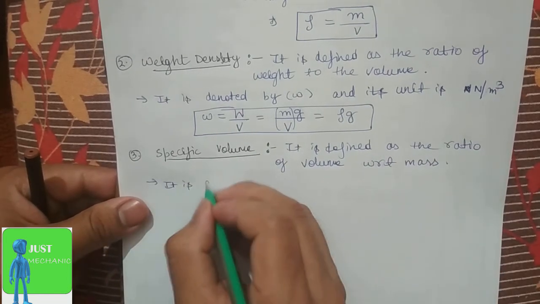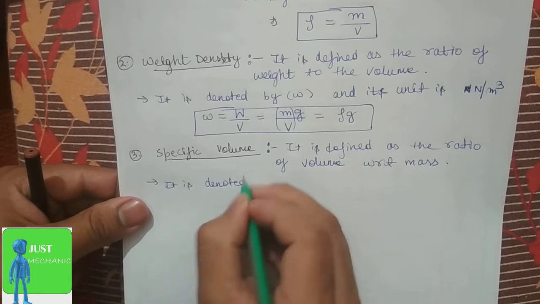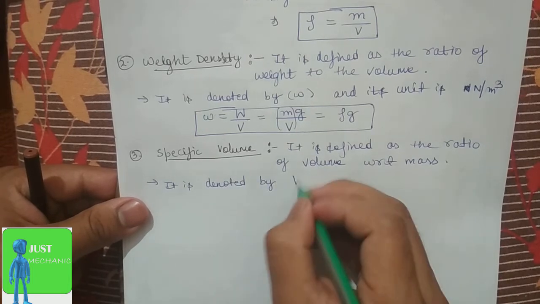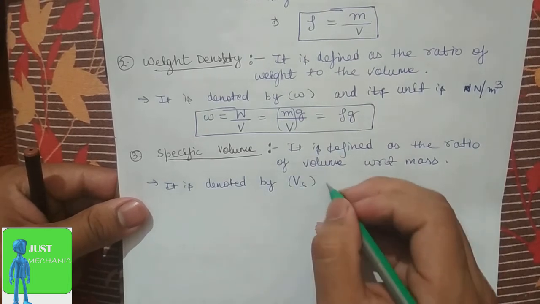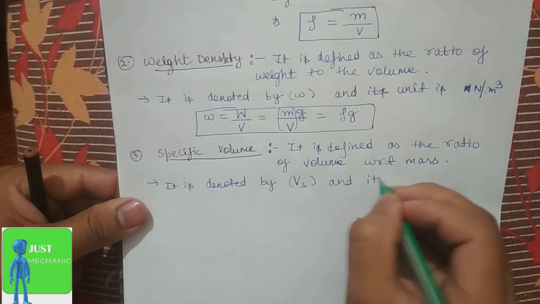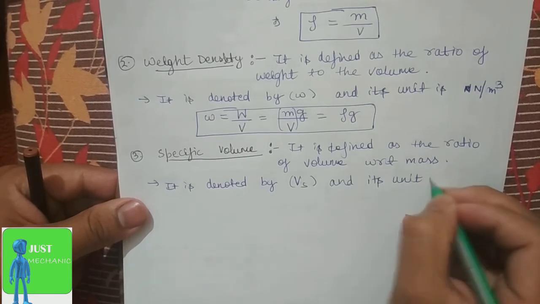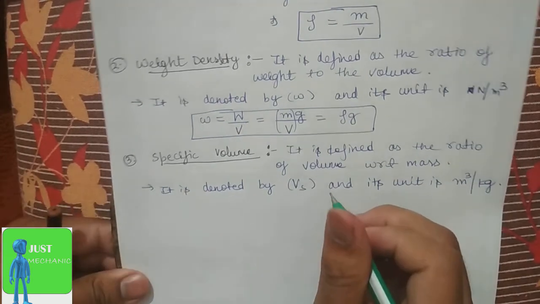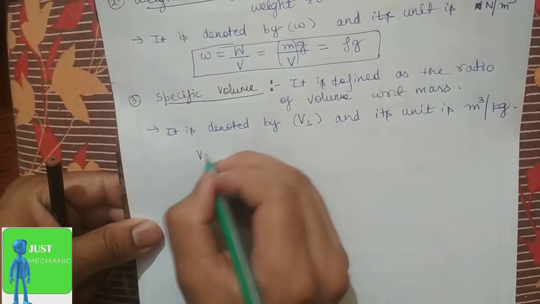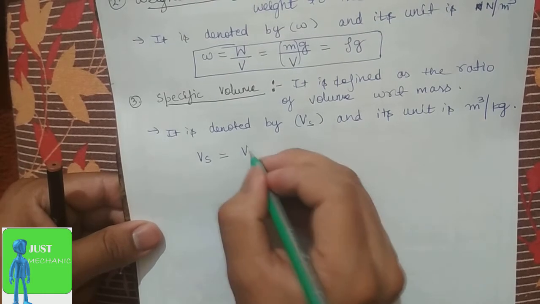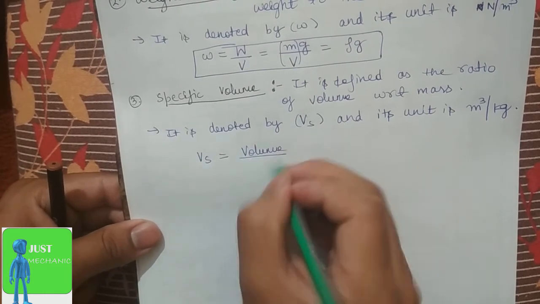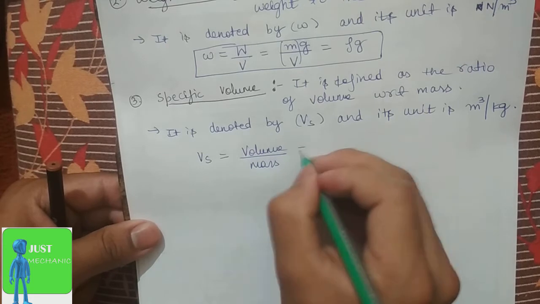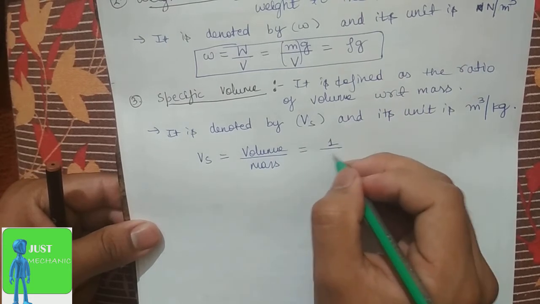It is denoted by Vs, and its unit is meter cube per kg. Vs equals volume divided by mass, equals 1 upon rho.